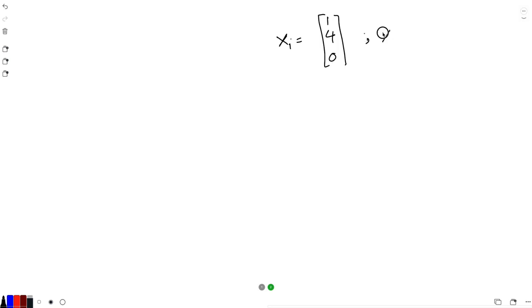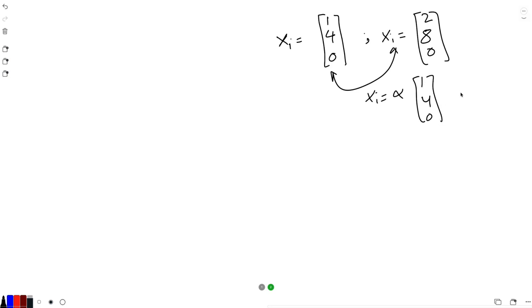So if we say that xi equals 2, 8, 0, it is the same eigenvector. In general, xi equals alpha times 1, 4, 0, where alpha is a real number not equal to 0, then any value of alpha will give the same eigenvector.